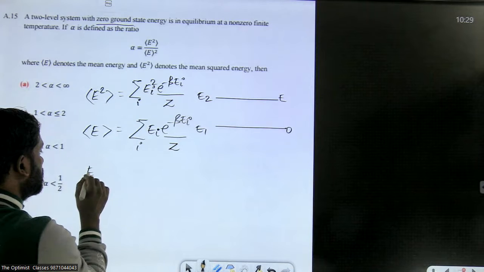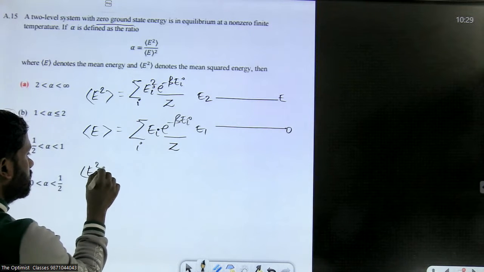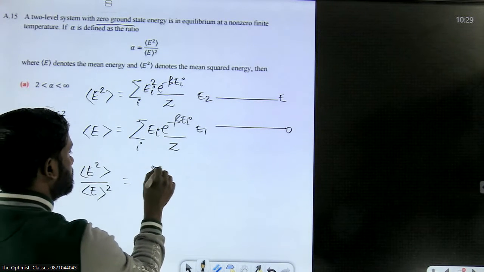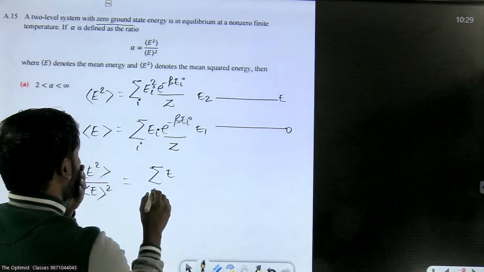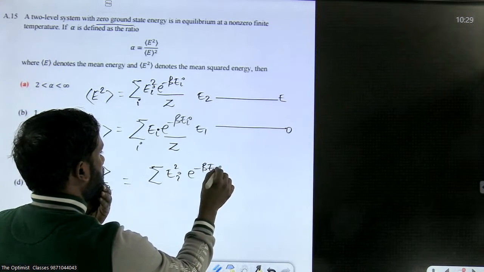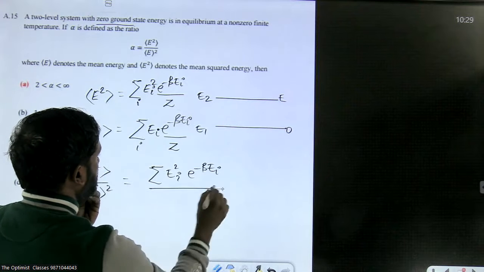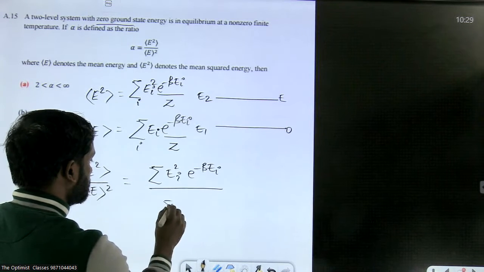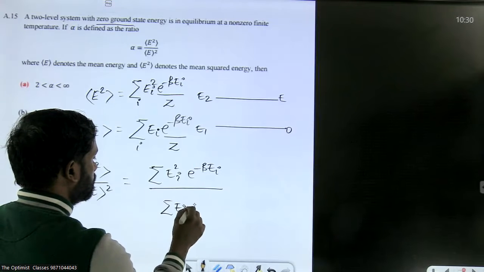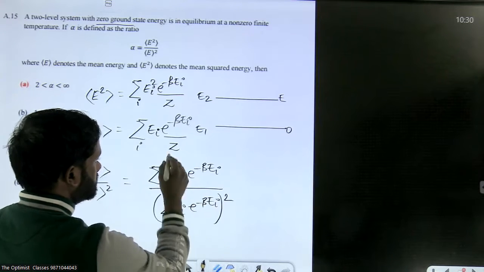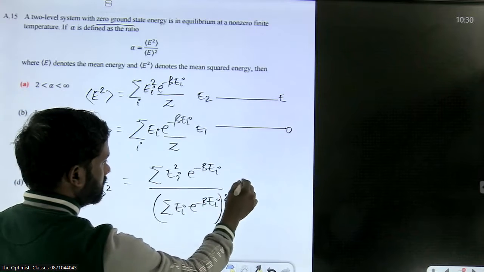So we get summation E I square e to the power minus beta E I divided by summation E I e to the power minus beta E I, its whole square. Since there will be Z square, one Z will come in the numerator.